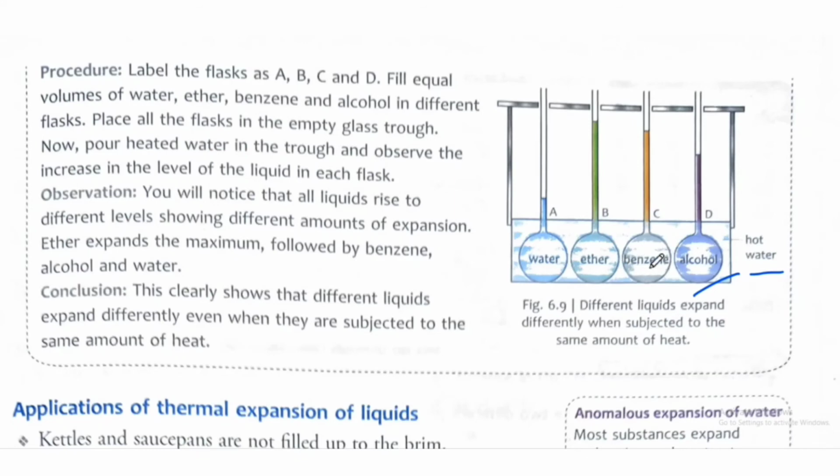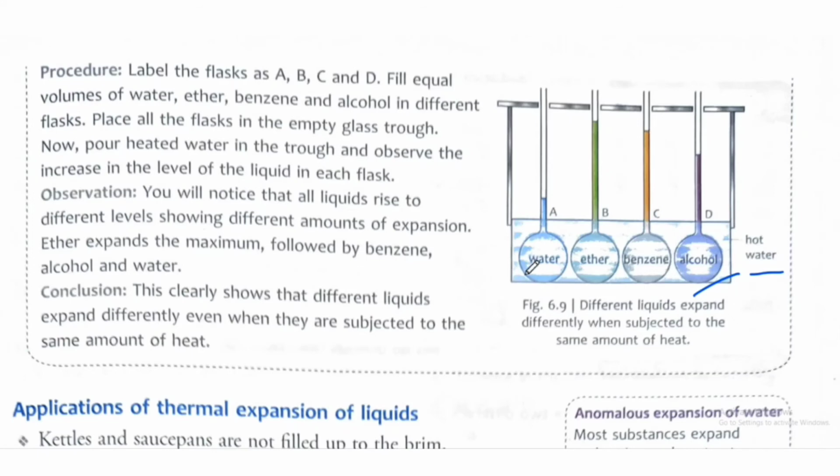And here you see, students, it is shown that the level of the liquid ether has risen to the maximum level, and it is followed by the liquid benzene. The level of the benzene has risen to the second highest level, and it is followed by the alcohol.